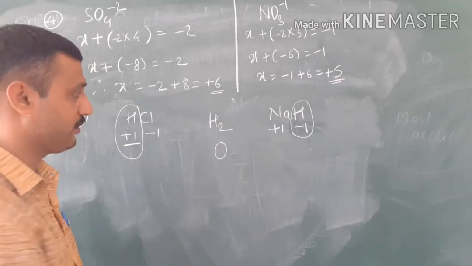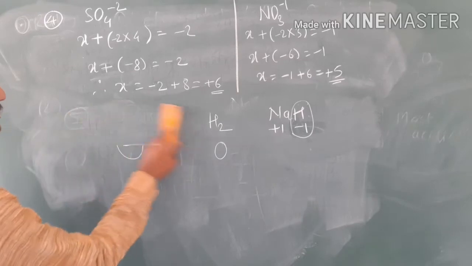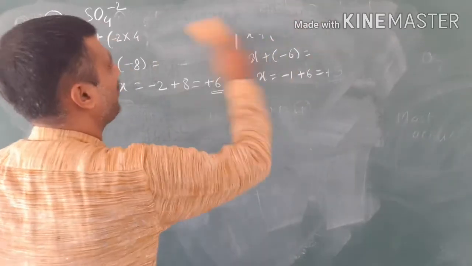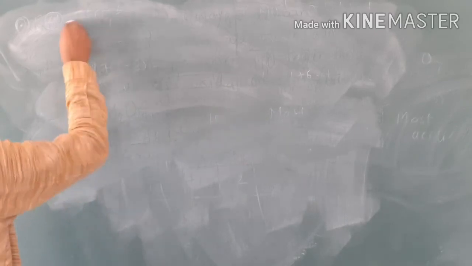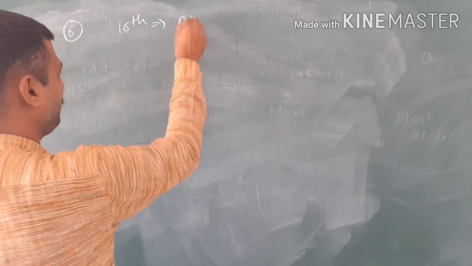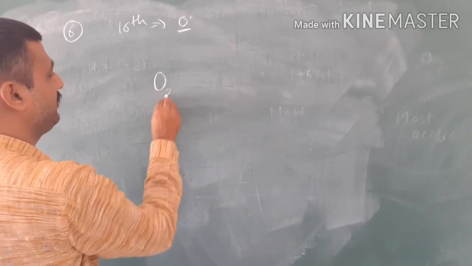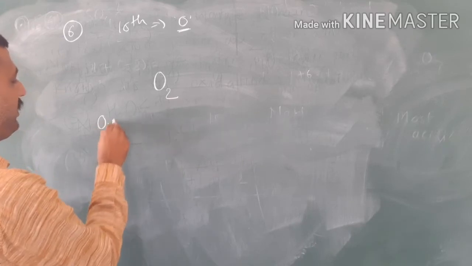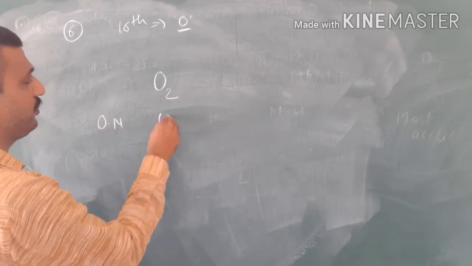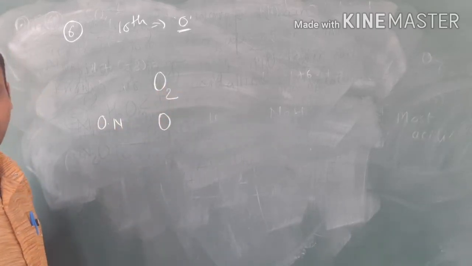Okay, so let's proceed. The next rule, the 6th one, is for oxygen. We know that oxygen belongs to the 16th group. If we are talking about oxygen in its elemental form, its oxidation number is 0.